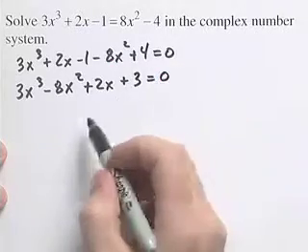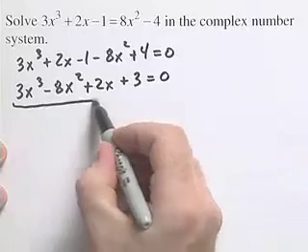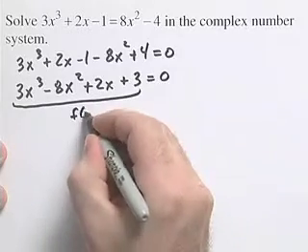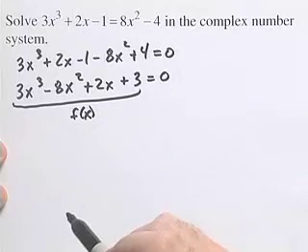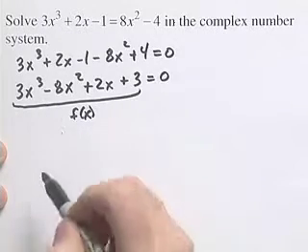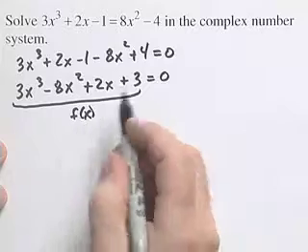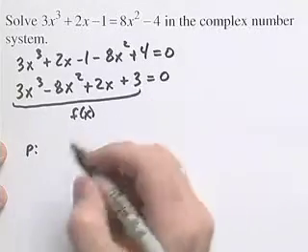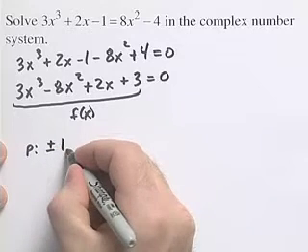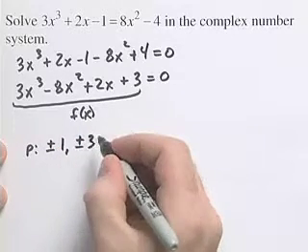To solve this equation, if we consider that this left side is a different function called f of x, we're really looking for the zeros of f of x. If we want to list our potential rational zeros, we need to find integer factors of a sub 0, or a constant. That's going to be plus or minus 1, plus or minus 3.